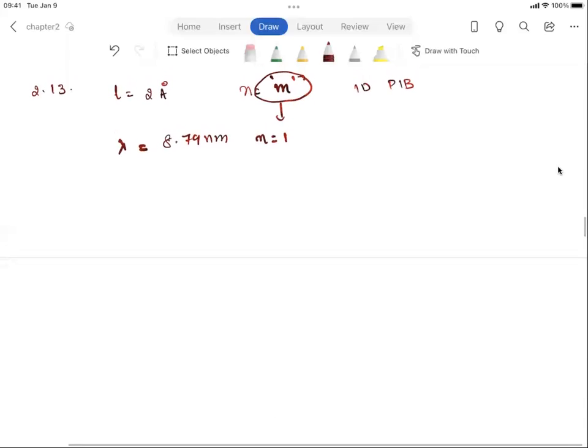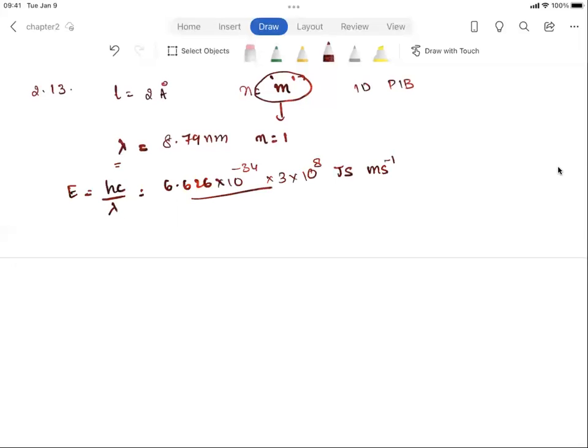Our initial state is actually the excited state because it's giving out energy. We know the wavelength, so we should know the corresponding energy, which is 6.626 times 10 to the negative 34 times 3 times 10 to the power 8 joule second meter per second, divided by 8.79 nanometers, which is 10 to the power negative 9 meters.